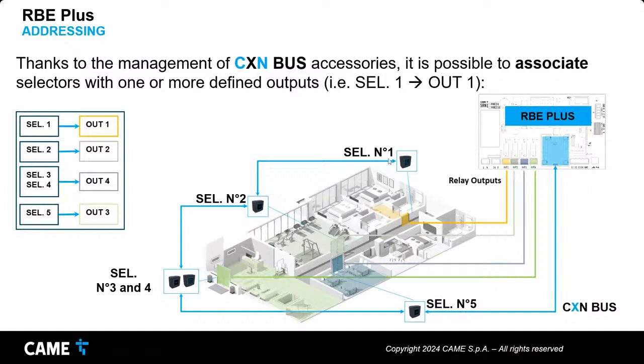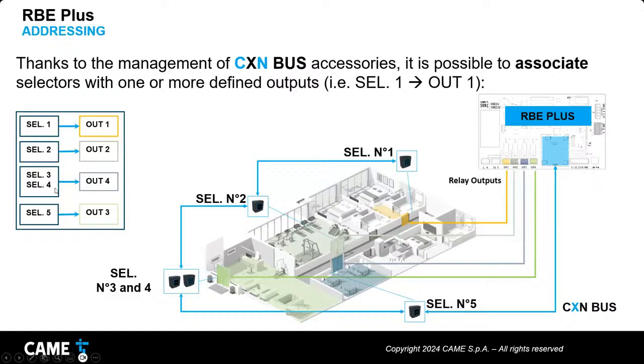In this simple example, we can see that selector number one can manage the output, the relay, the service connected to relay number one. Selector number two manages the other door, which is the one defined for output 2, another door dedicated to the gym. This should be a sort of little hotel.